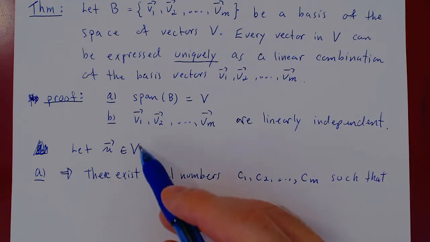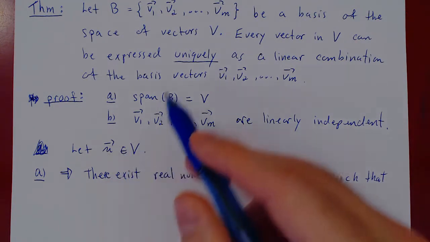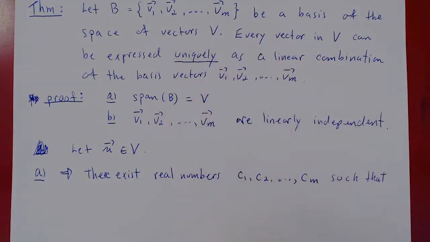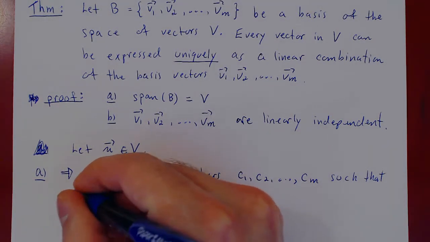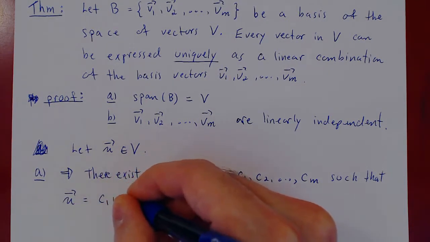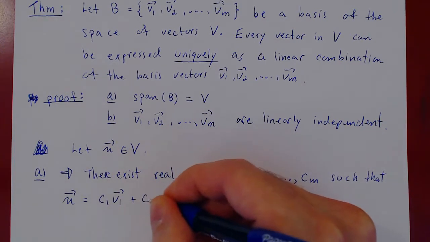Since u is a vector in V, u must be some linear combination of these m vectors, and assume that these are the coefficients. So the vector u will be some linear combination of the m basis vectors.